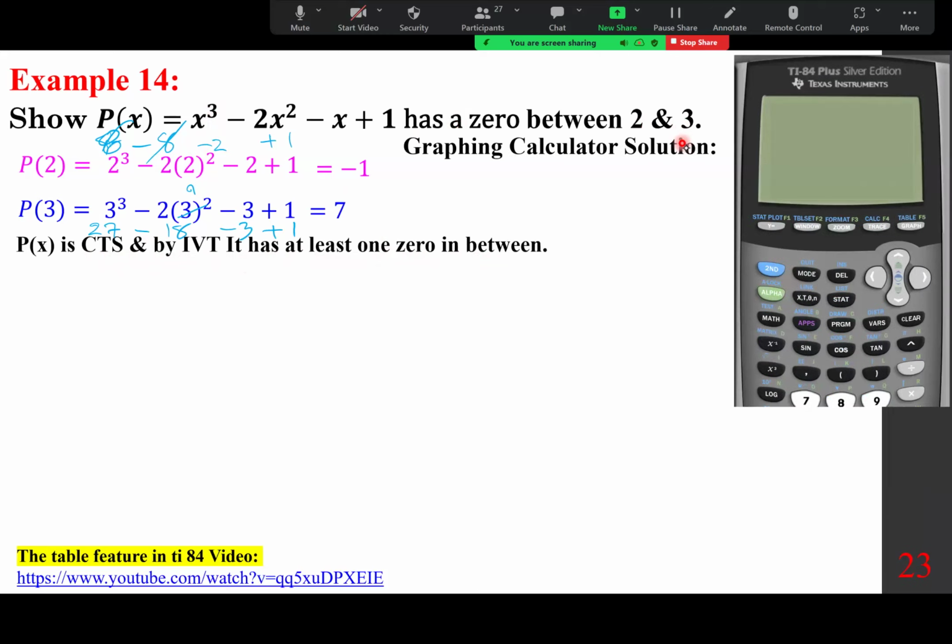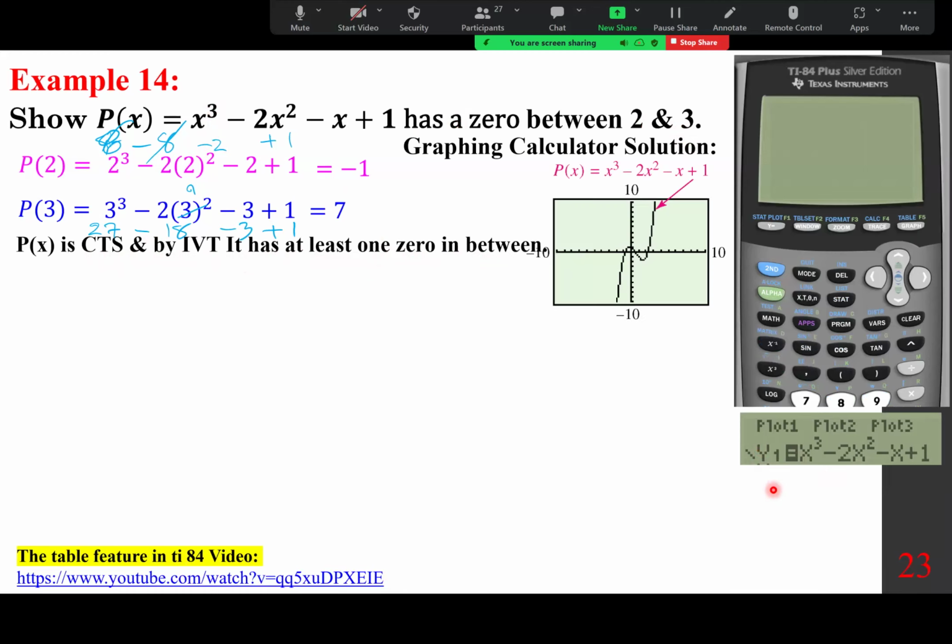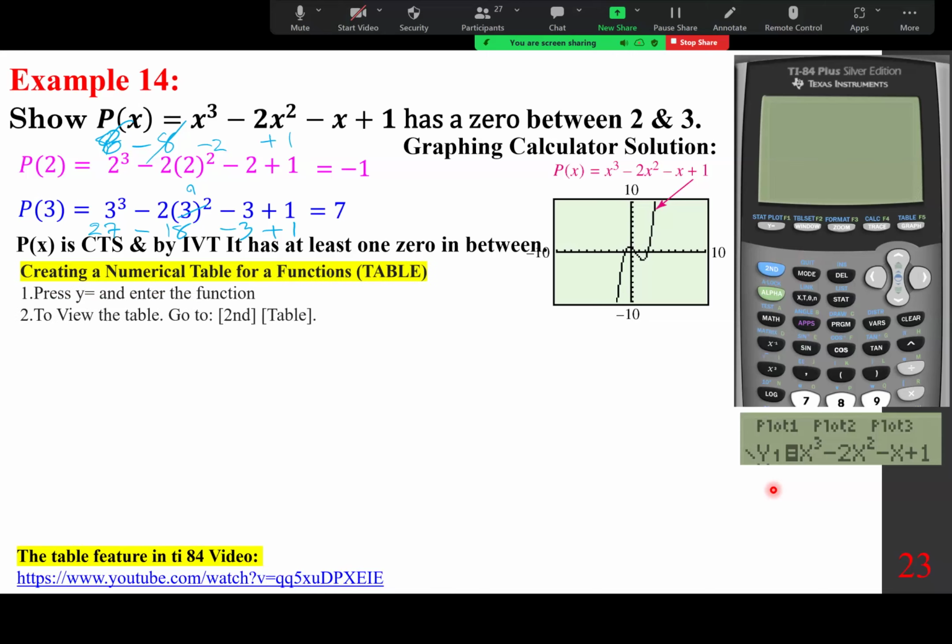Now, if you were to use a graphing calculator solution, I have given you a website here that gives you the table feature in a TI. First you put the function in there, whatever the function might be, y1, and then it graphs it like so. Then the table, and there is no break.